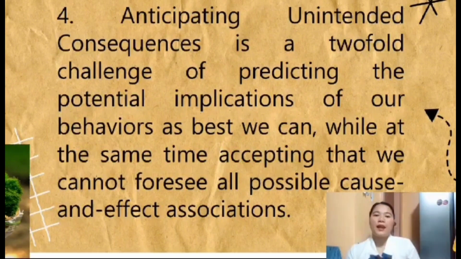So first, we can think like detectives and try to predict the possible outcomes of what we do, using systems thinking and the precautionary principle. It's like trying to see where the dominoes might fall.